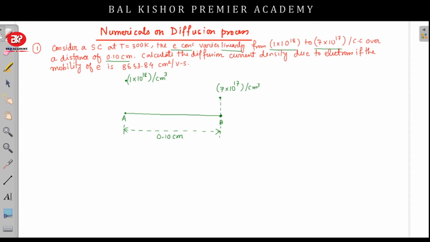So the concentration of the electron is varying linearly, and this is a linear plot.